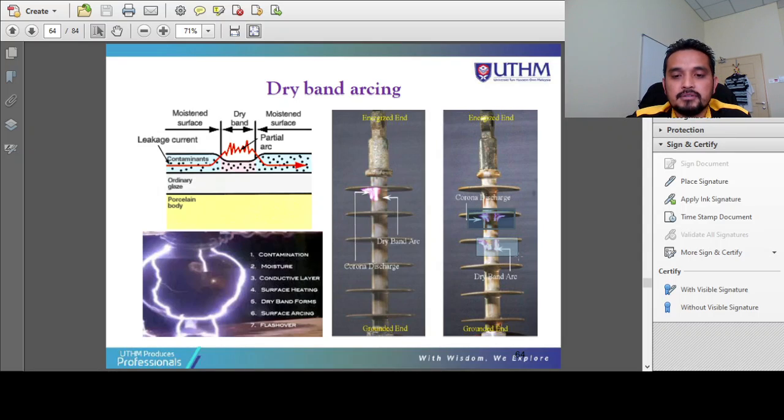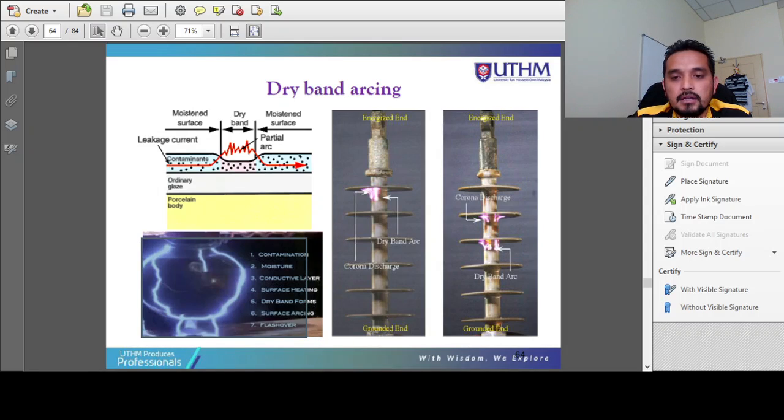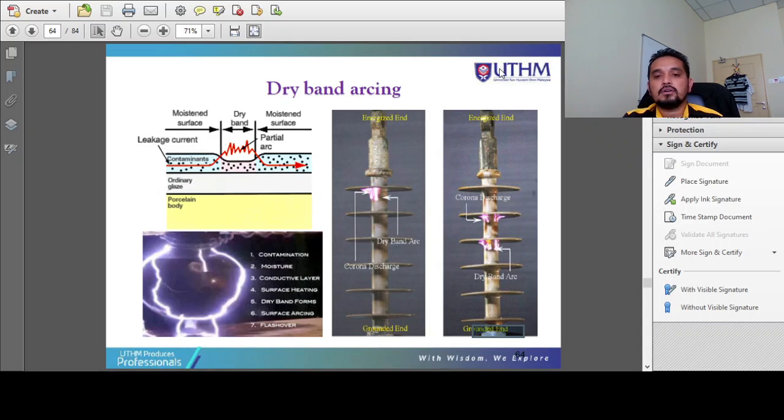So we have several spots here, and eventually it will lead to total flashover when arcing occurs between the electrode, the ground, and the energized terminal, or we can say the energized terminal to the ground. It depends on what you connect in the experiment.